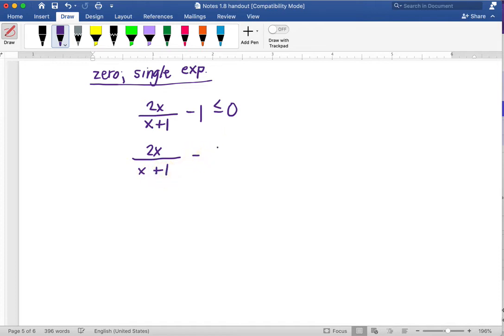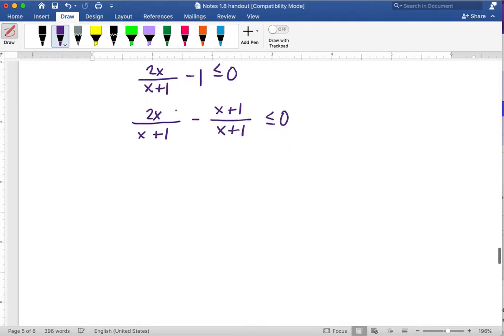So this 1 is going to be rewritten as x plus 1 over itself, x plus 1, because this thing equals 1, right? That green 1. So this is the same, and this is minus 1. Okay, so keep that in mind, that that's minus 1. But I rewrote it this way so I can have a common denominator, less than or equal to 0.